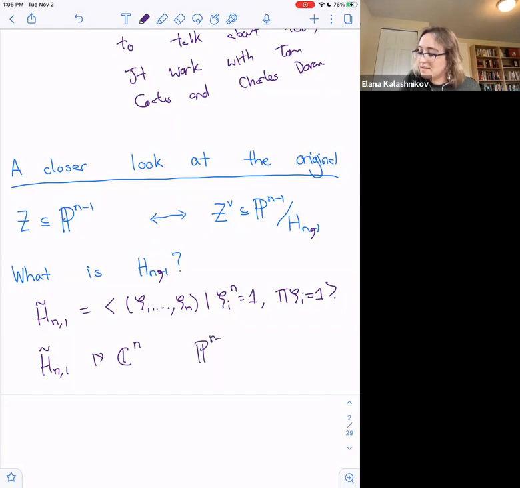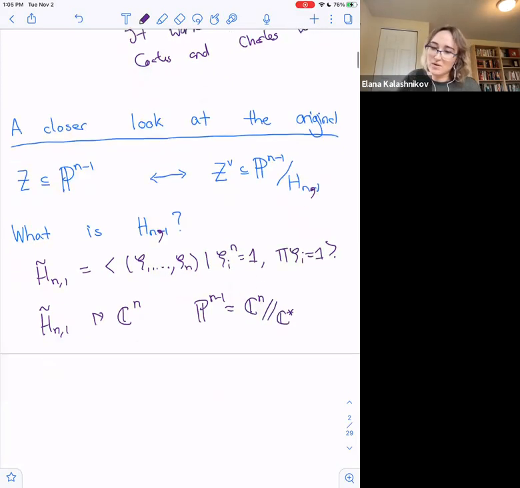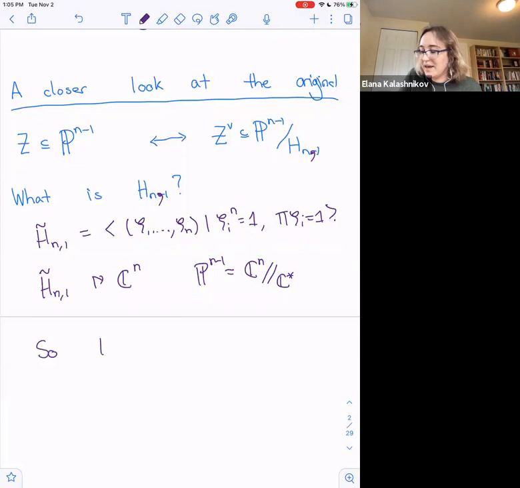And projective space is the GIT quotient of C^n by C^*. And so you can get an action of H_{n,1}, which is given by taking H tilde_{n,1} and quotienting by the intersection of the actions of H tilde_{n,1} and C^* on C^n. So I'll write that down. And this is going to act on P^{n-1}.